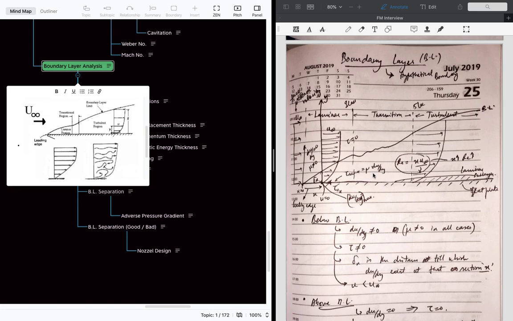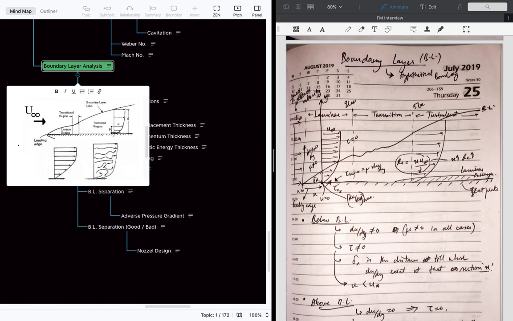This area represents that the velocity of the fluid is less than the free stream. We will know the reasons behind that later. But for now, we can say that in this boundary layer, the velocity of the fluid is less than the free stream velocity, because of the friction of the plate as well as the viscosity, which creates this layer.